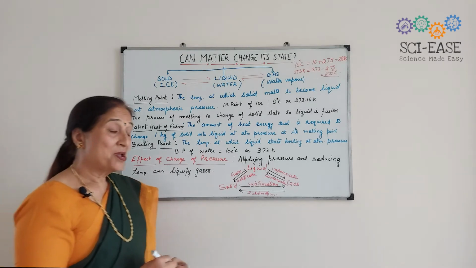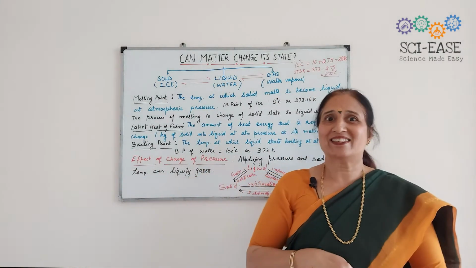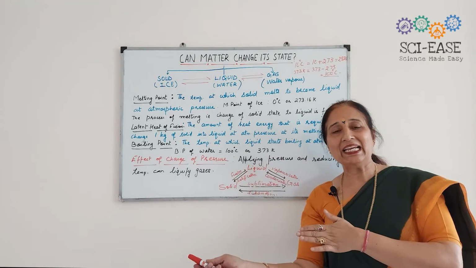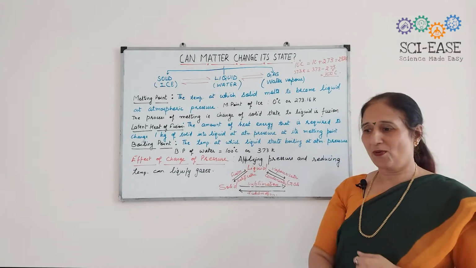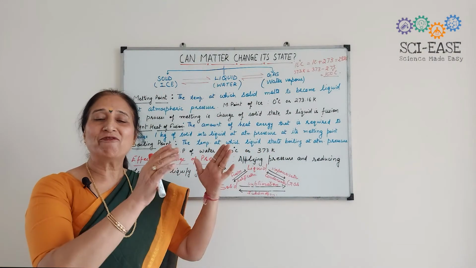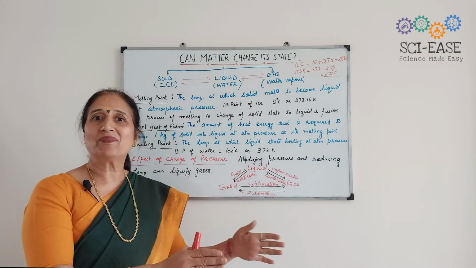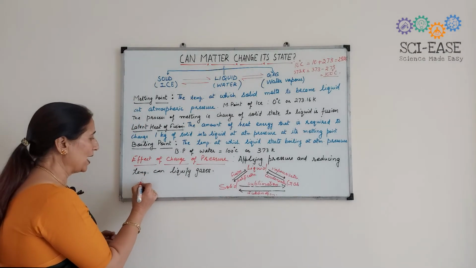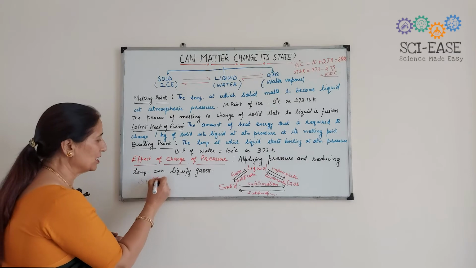But in some cases, the solid form is directly changed into the gaseous form. What is that known as? The process in which the solid form is directly changed into the gaseous form is known as sublimation.